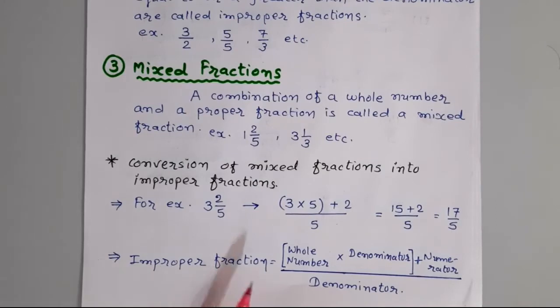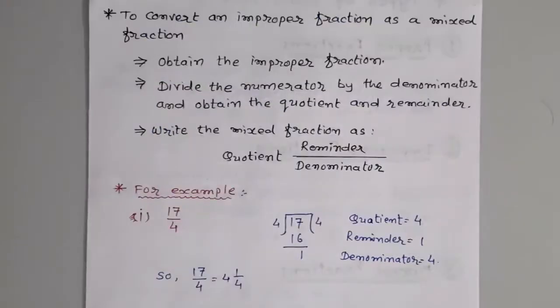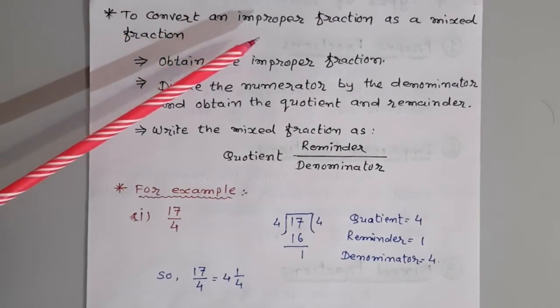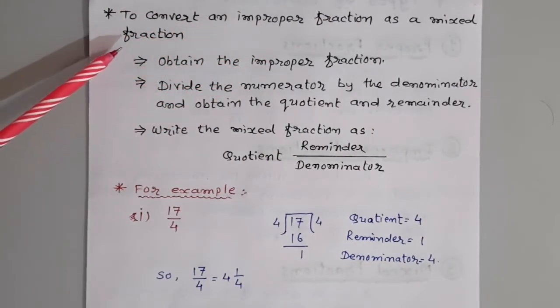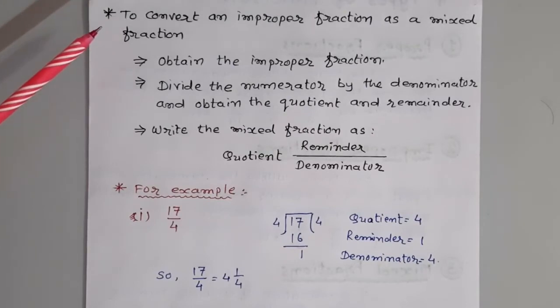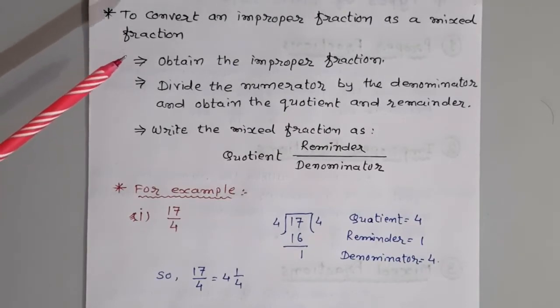In short, try to remember: improper fraction equals, in brackets, whole number multiplied by its denominator, bracket over, plus numerator, upon denominator. Now to convert an improper fraction into a mixed fraction, we have to follow a few steps like this.